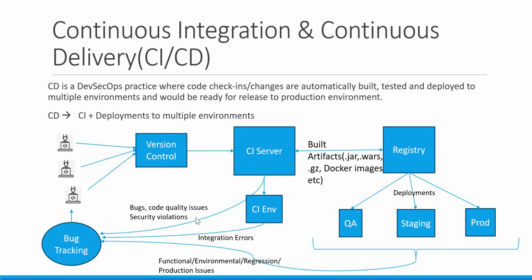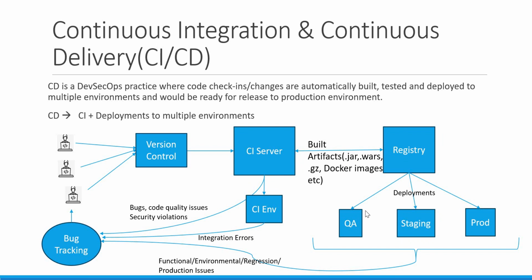For the successful implementation of continuous delivery, we need the CI process, and also the deployment should be automated. So for the successful implementation of CI/CD, as part of CI, the build should be automated, the testing should be automated, for example, integration testing, the code quality checks also need to be performed on the source code for finding code quality violations, and the security vulnerability analysis needs to be performed to find any security violations in the code, and as part of CD, the deployment needs to be automated.